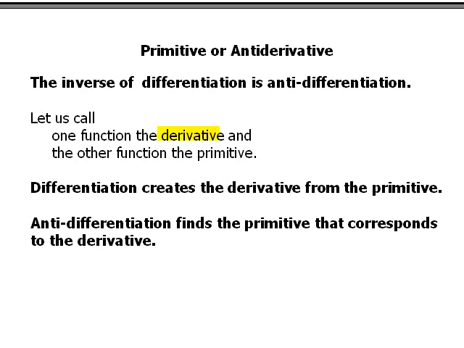So we have the derivative and the primitive, and they're related in the following way. By differentiation, you take the primitive and turn it into the derivative. By antidifferentiation, you take the derivative and try to find the primitive. So they're inverses of each other, but the name we call one function is the derivative. What it came from is called the primitive.